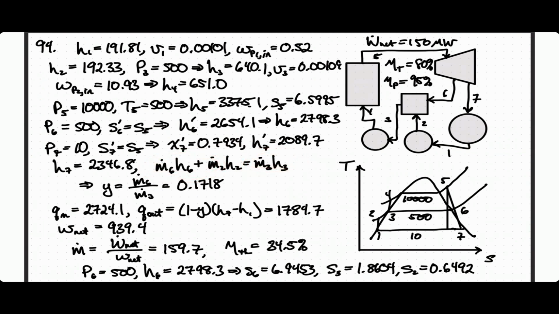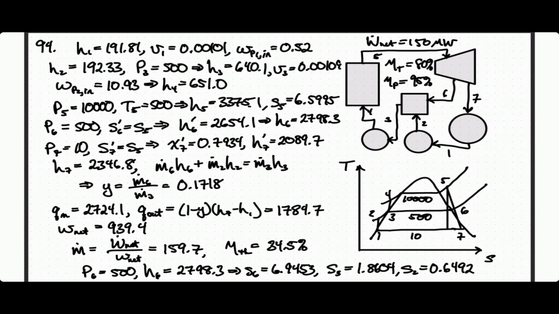That allows us to find the mass flow ratio of m.6, which is what's coming off here, to m.3, which is what's coming out of here and also going into the turbine. We find that ratio is 0.1718, which says we're taking about 17% of the steam out of the turbine at 6.